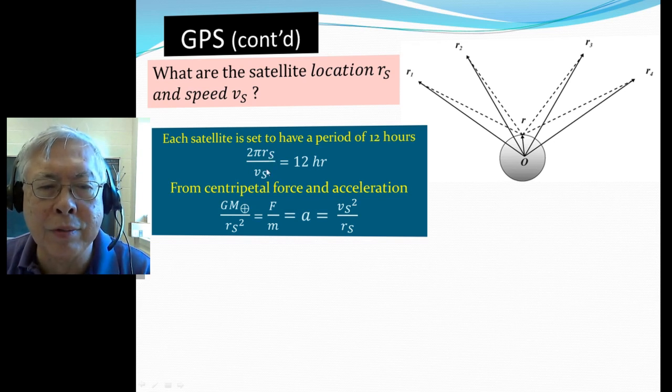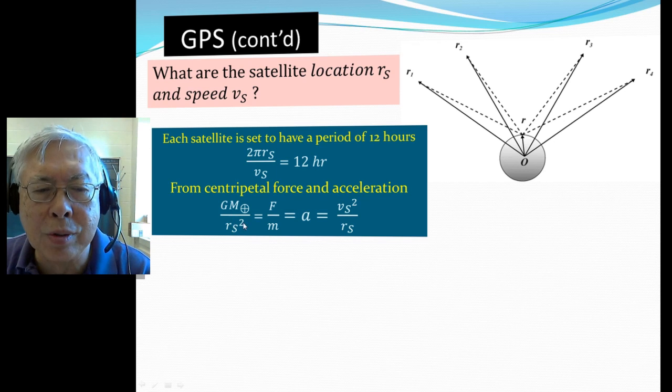Then also, from centripetal force and acceleration, the force is equal to Newton's constant times the mass of Earth divided by the radius squared, and the force over mass is the centripetal acceleration, which is also given by v squared over r.